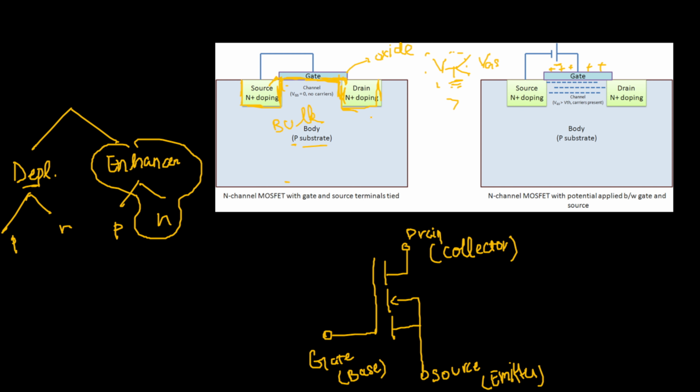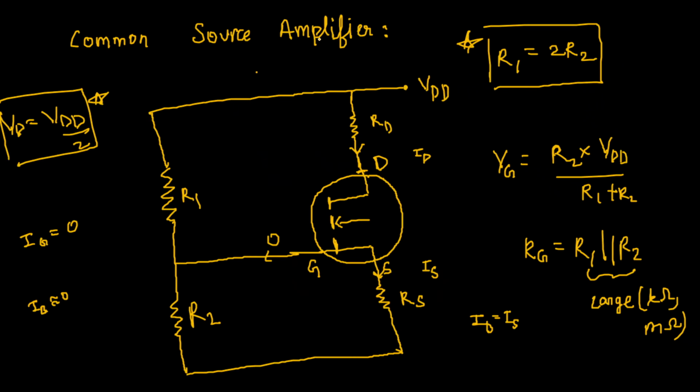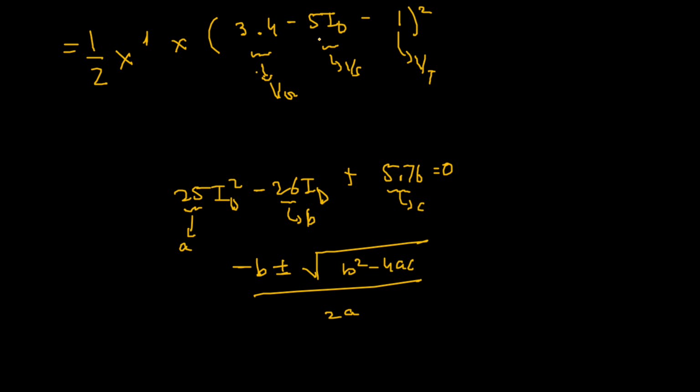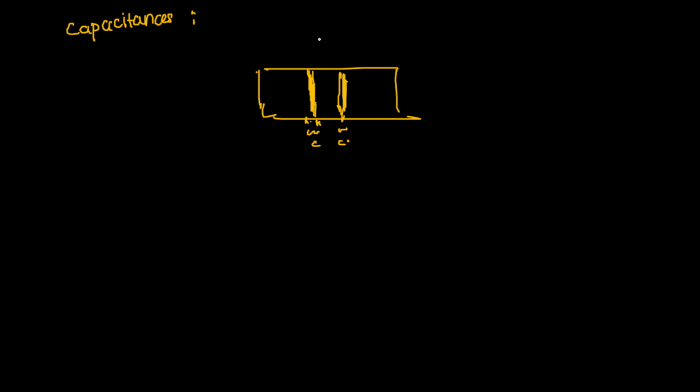So the very name metal oxide semiconductor field effect transistor comes from this particular oxide. So we also get a capacitance due to this oxide between the gate, and that capacitance depends upon the thickness of that particular oxide.